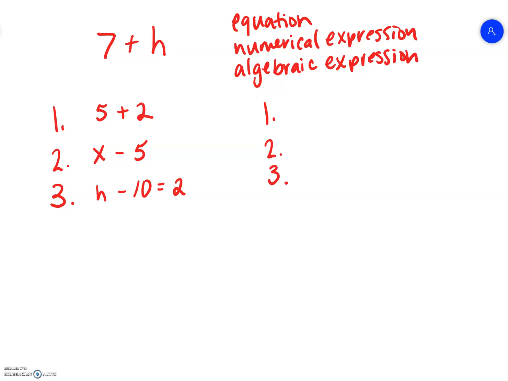You might want to write it down on a piece of paper what your answers are. So in the chat, number 1, is it an equation? Is it a numerical expression? Is it an algebraic expression? Type your answer. Then type number 2, is that an equation, a numerical expression, or an algebraic expression? And number 3, is that an equation, a numerical expression, or an algebraic expression?